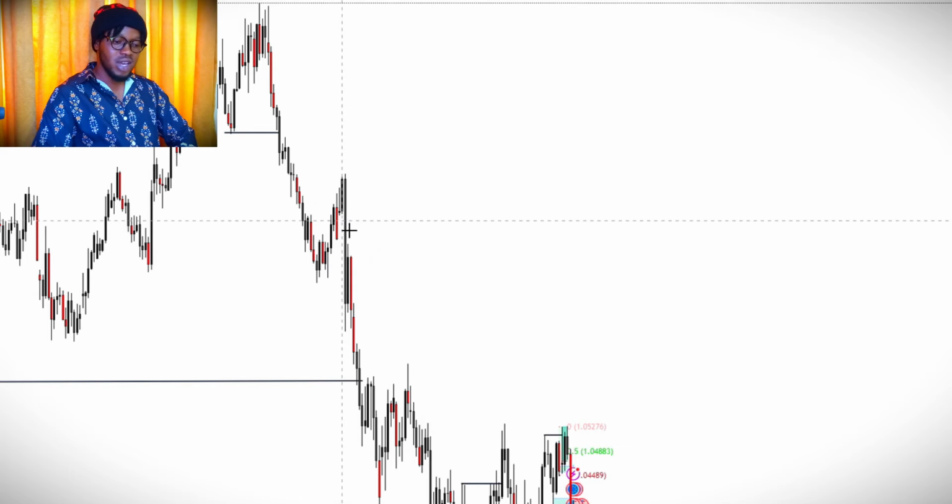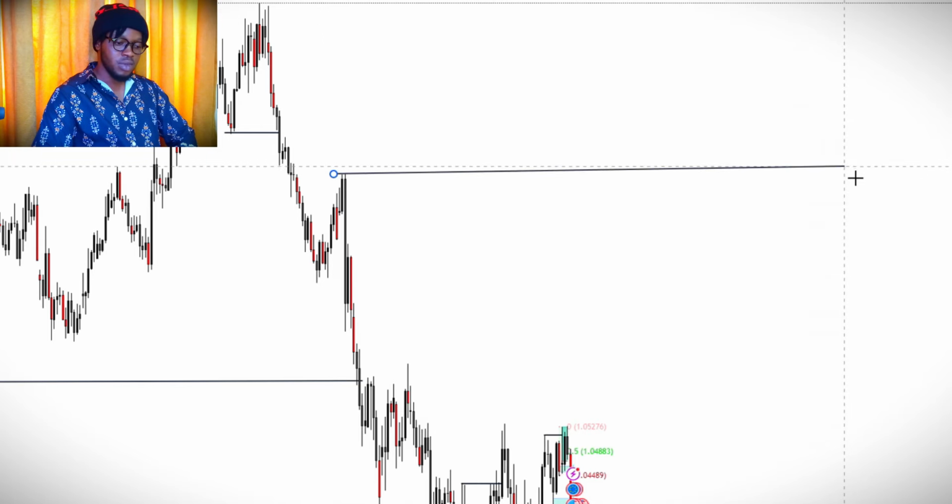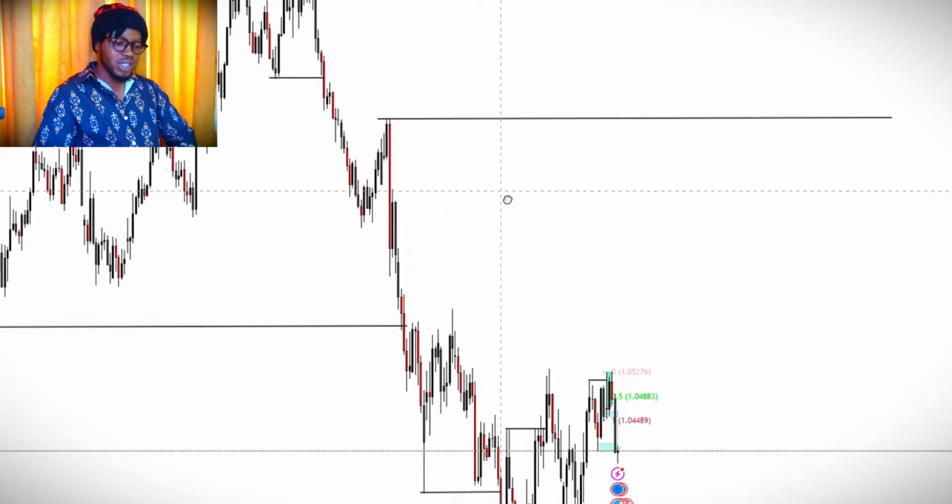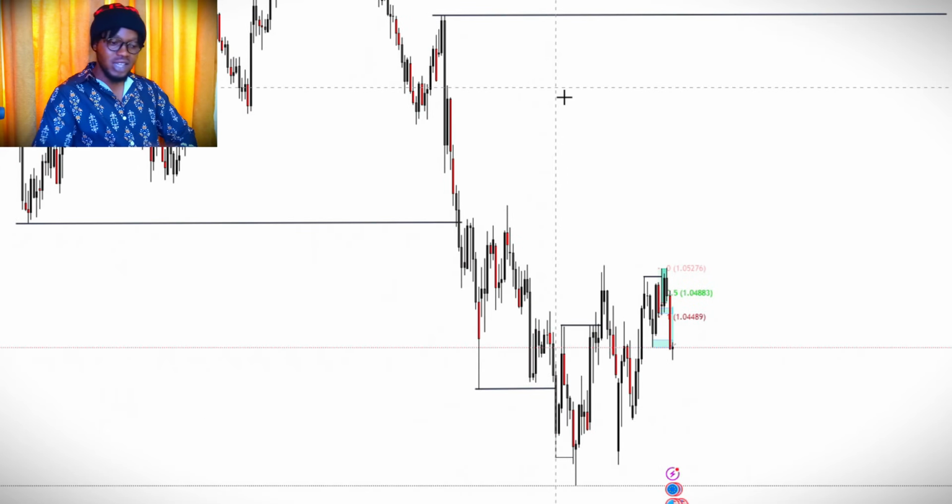So price gave us something like an inducement right here. So this is like an inducement at this point. All right, price might come taking that out. Remember, you can't predict the market. I always say this, you can't predict the market. Price might come taking that out, but before then, before expecting that, let's look at what price has for us.